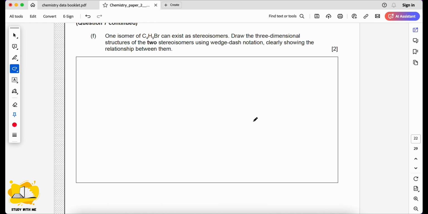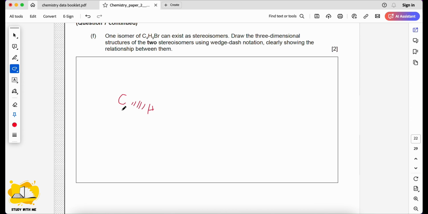One isomer of C4H9Br can exist as stereoisomers. Draw the 3-dimensional structure of the 2 stereoisomers using wedge dash notation, clearly showing the relationship between them. So C4H9Br, let me make it a bit nicer.